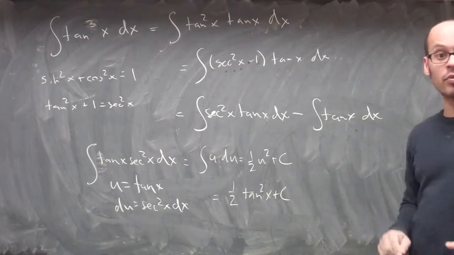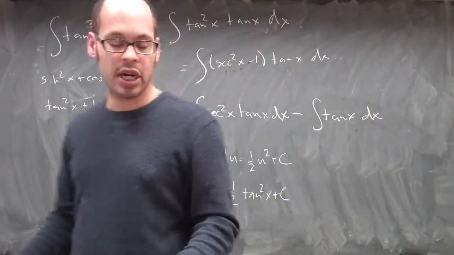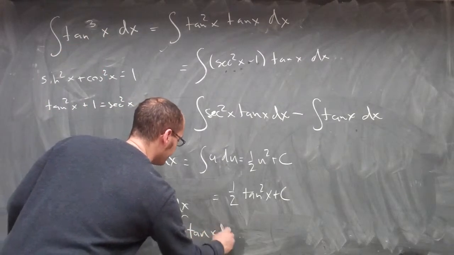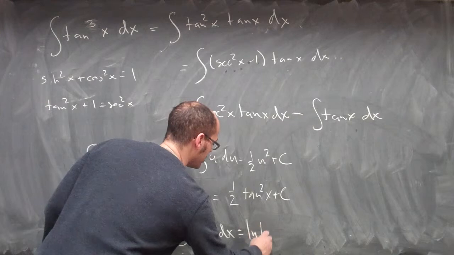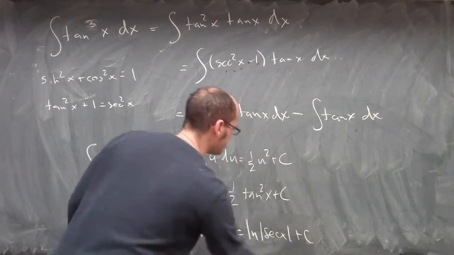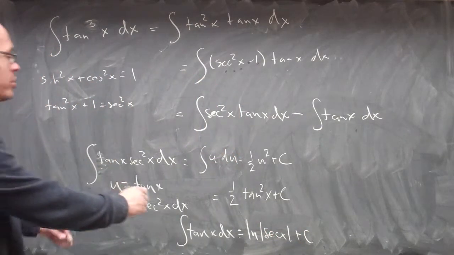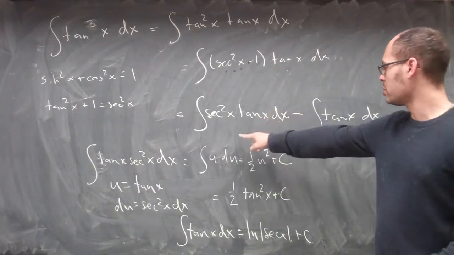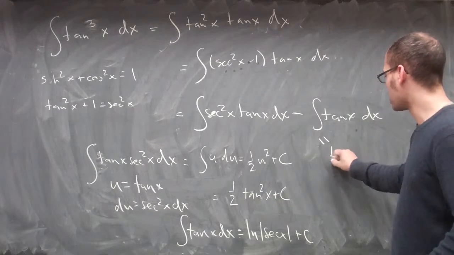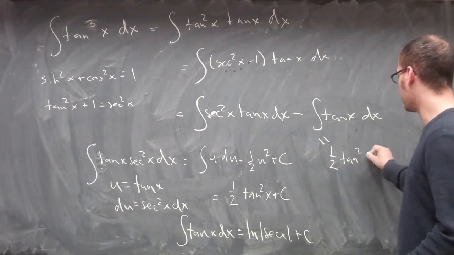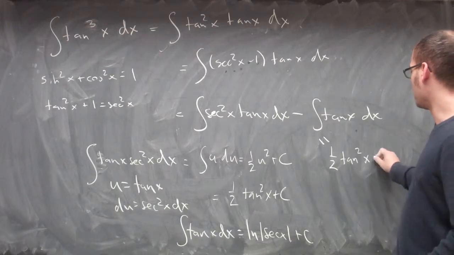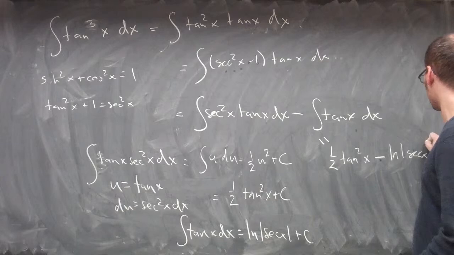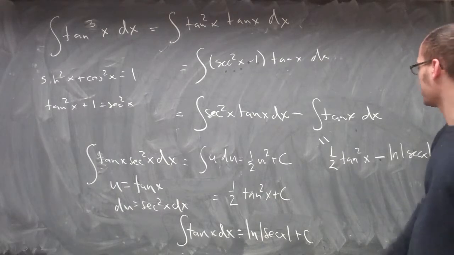Now the integral of tangent, well, for now let's just remember, as we showed before, that the integral of tangent is the natural log of the absolute value of the secant. So putting these things together, we're all set. So this first integral is this one that I did there. So I got 1/2 the tan squared x, and then minus the integral of tangent, which is the ln of the absolute value of the secant. Let's see. Okay.